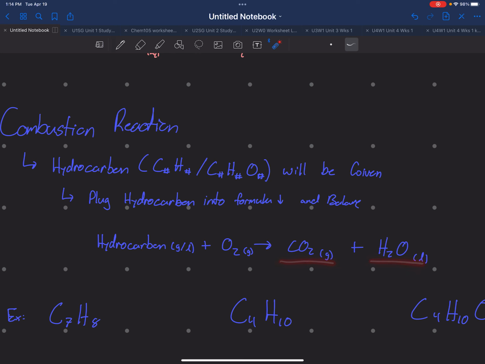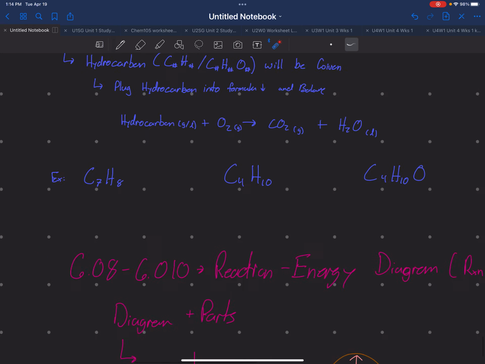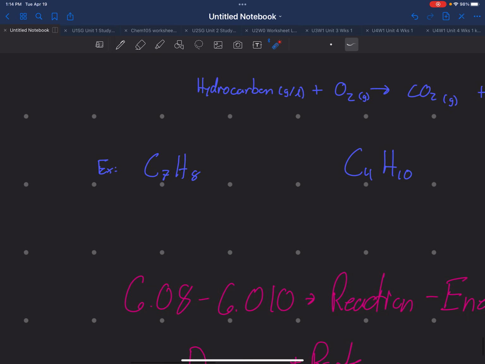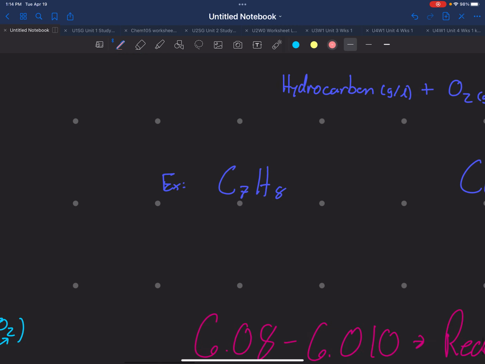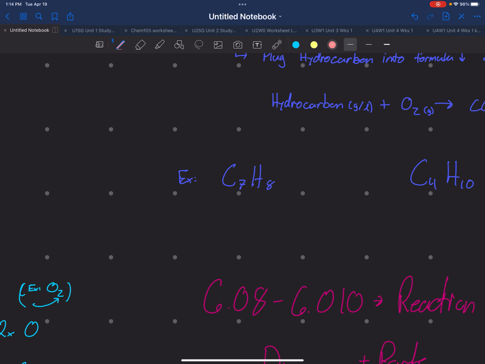Okay. Fine, I'll do the examples. If they give us C7H8, I'm going to write it out. C7H8, I'm going to say that's liquid because it has 7 carbons, and I think the cutoff is 5 or more is liquid, 4 or less is gas.